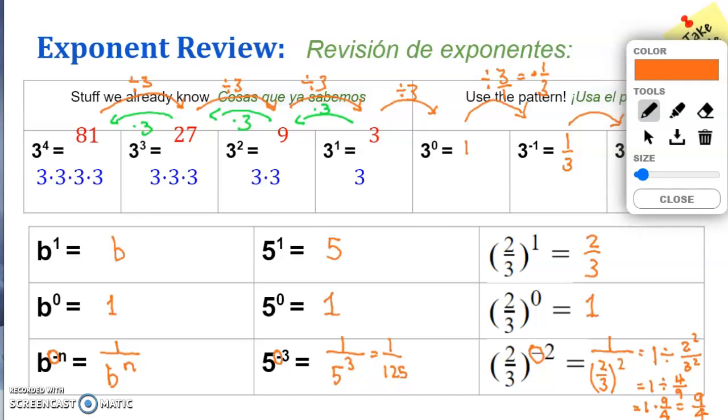I want you to start thinking about when you see a negative exponent, think of it as flipping the fraction. So in this case, this will be 5 over 1. If I flip 5 over 1, that becomes 1 over 5, 1 over 5 to the power of 3. That's what this is. It's the same as that.